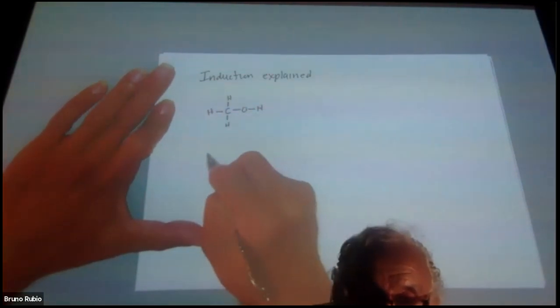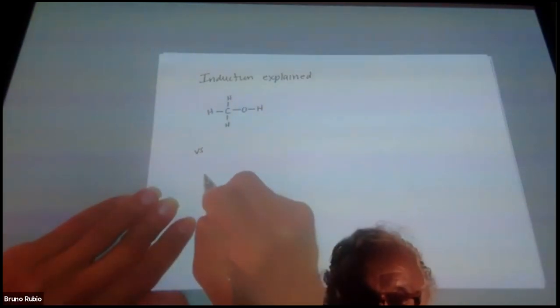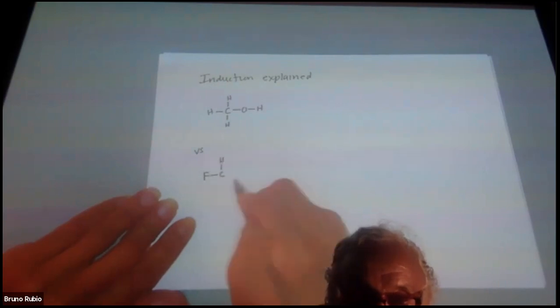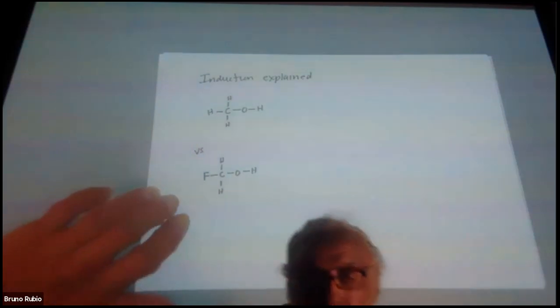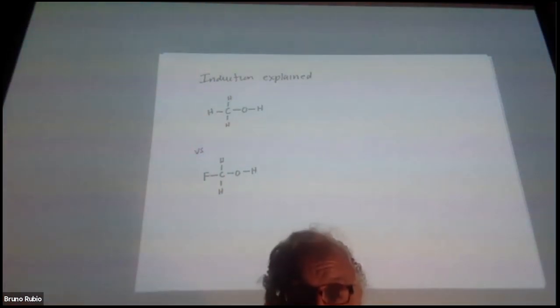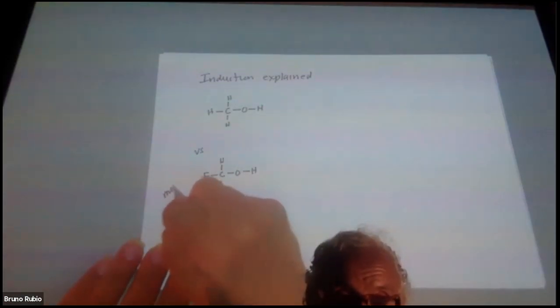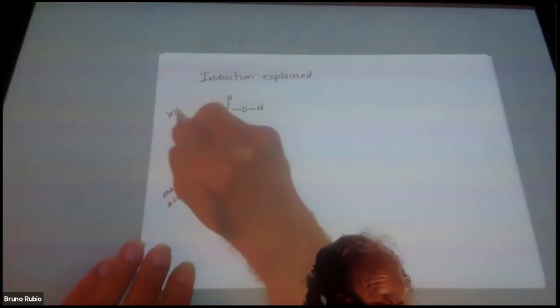And let's compare that to a situation where we're going to add an electron withdrawing group, such as fluorine. And we want to explain why this guy is going to be more acidic and why this one is going to be less acidic.